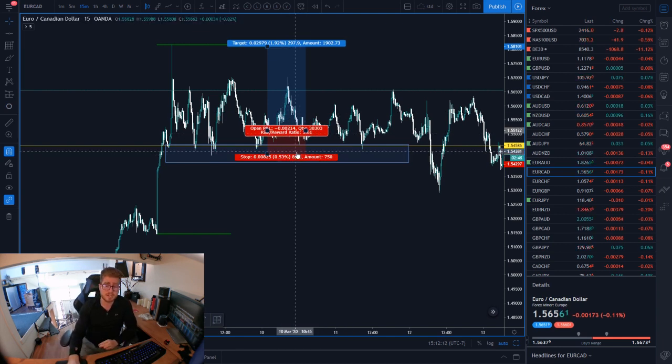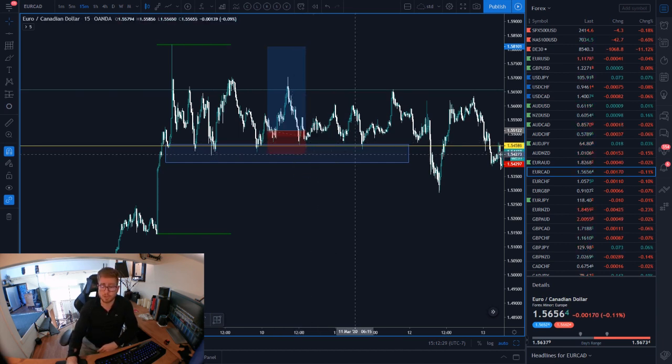The fact is that stops are still going to be resting here, and that's what these big market makers are looking for. They're looking for a place where they can stop a bunch of traders out so that they can use those stop entries to fill their longs in this case.